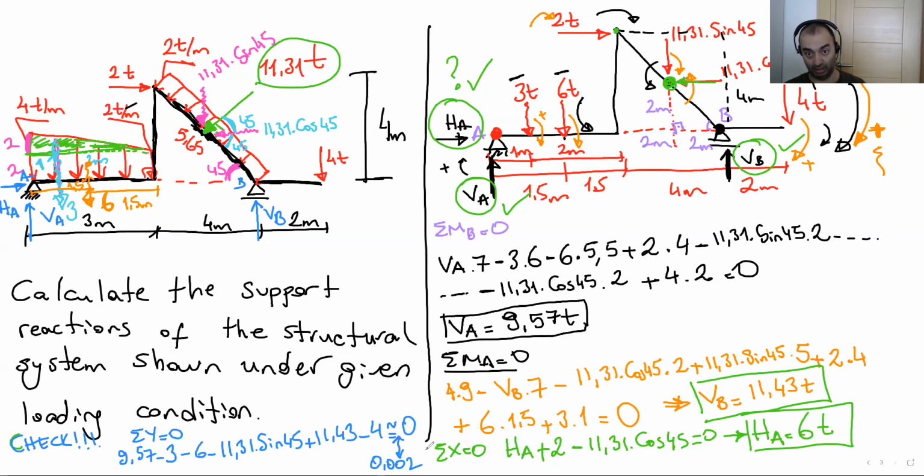If it's negative, negative. If it's positive, positive. And do the calculation. We have 3 equilibrium equations: total x, total y, and total moment equals 0. If we write these equations for our structural system, you can do everything.